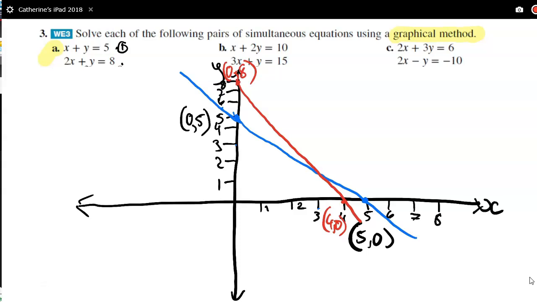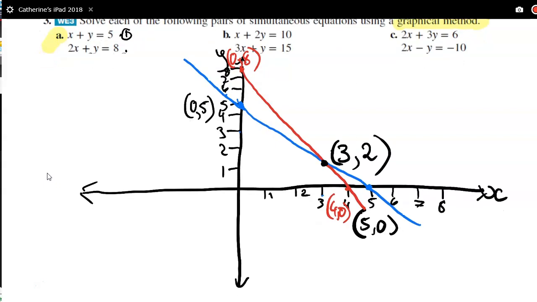And the intersection there will be at 3, 2. If I'd drawn it a bit more accurately, that might be a bit clearer, but I just double checked that algebraically, and yes, that is my intersection. So yay, I managed to draw it accurately enough. But you have to use a ruler.